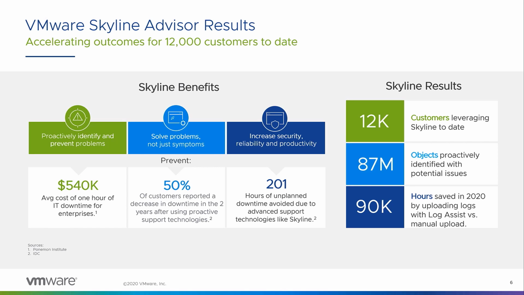And when there are times where you may need to react to an issue that wasn't proactively resolved, Skyline Advisor Pro can support you here as well through our log assist feature, which is actually 17 times faster than manual log upload and transfer processes, which again has translated into nearly 100,000 hours saved. And if you've done the traditional log transfer process, I'm sure you can relate to how slow it is. So the log assist feature actually removes that pain by giving you that very valuable time back to do more meaningful work.